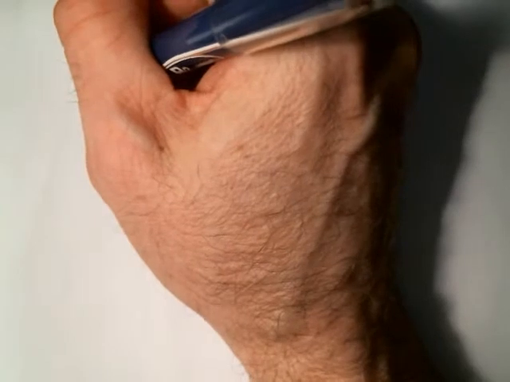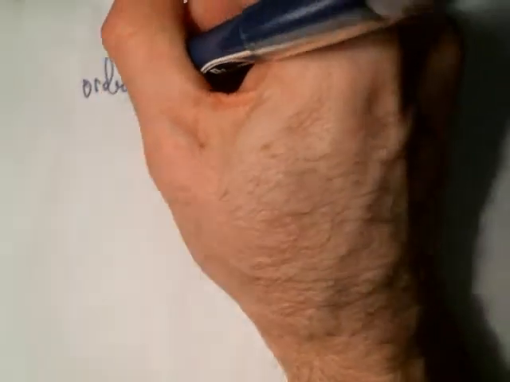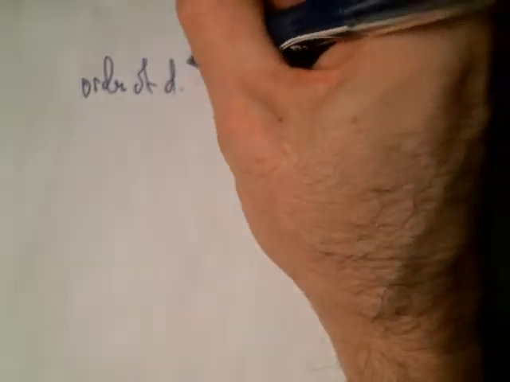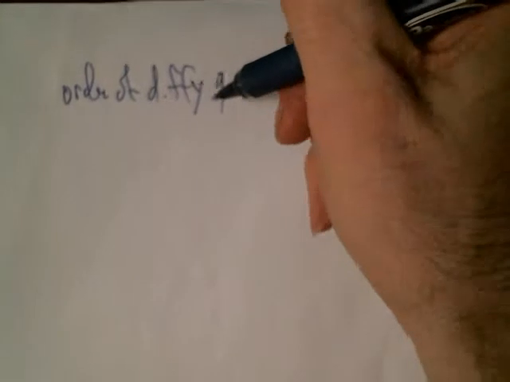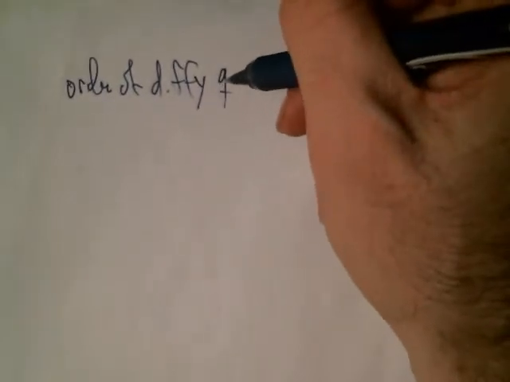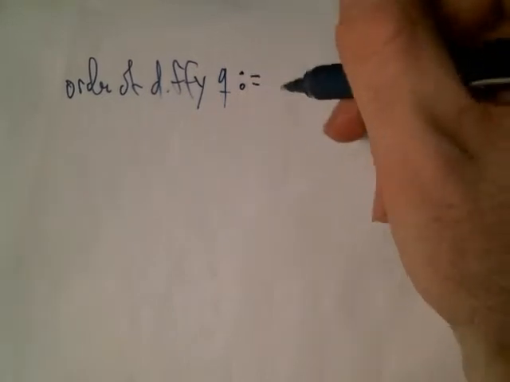So some other definitions. The order of the differential equation is just the highest derivative that you see exhibited. So the order of your differential equation, which I'll just write diff eq, is determined by the highest derivative.